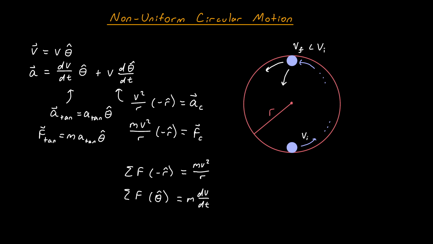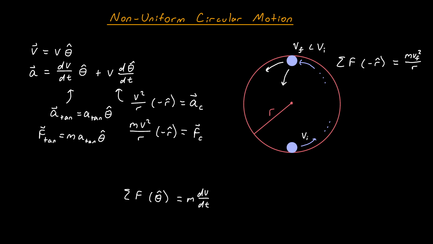So how can we figure out which one is going to happen here? Well, there's something that we know has to be true in order for it to continue moving in a circle, and that's this equation over here, which I'm going to move to the top. The sum of the forces acting centripetally has to equal mv squared over r. I'll just write vf here to be consistent. So at the top of this trajectory, what forces are acting on the ball?